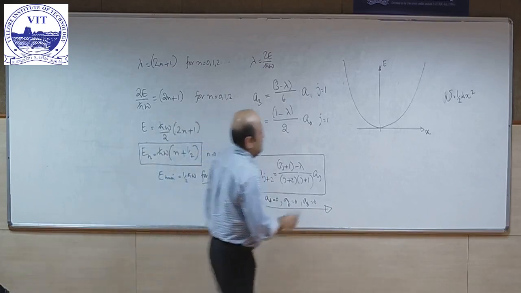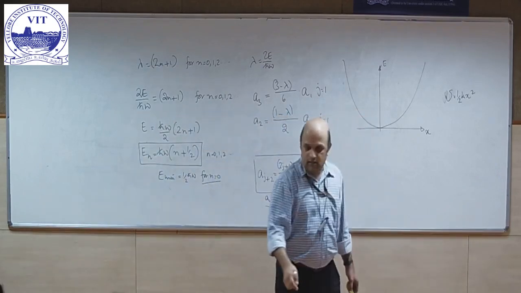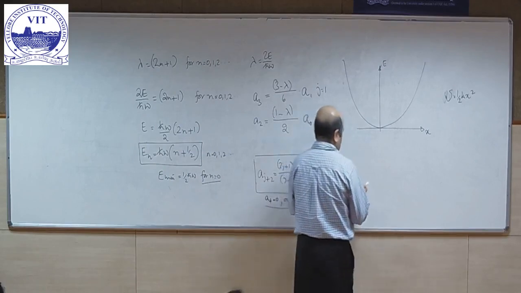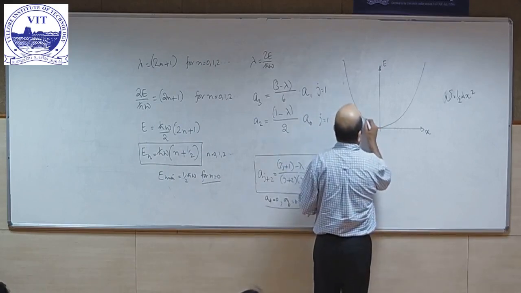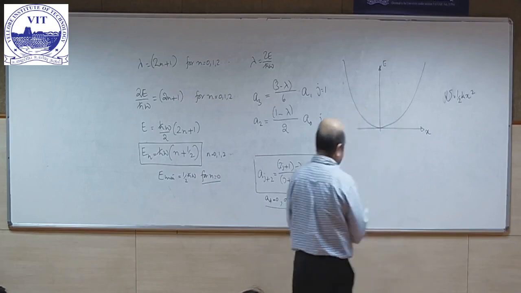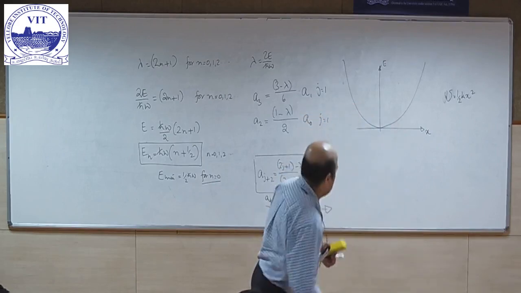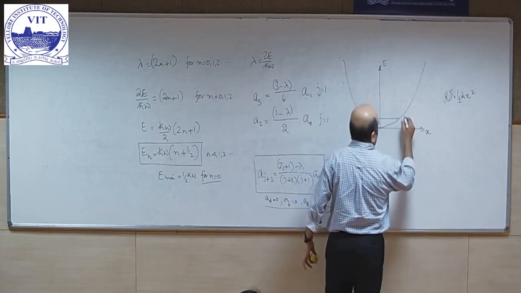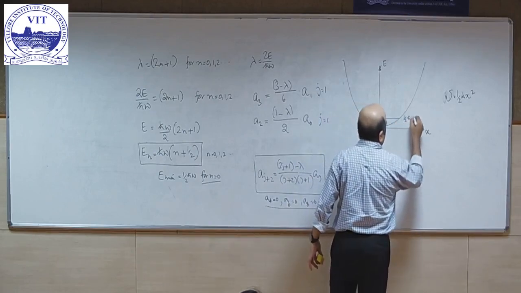So that means the minimum energy level, do I have red pen here? Okay, let me see. The minimum energy you can have is half h cross omega. So this is my half h cross omega.